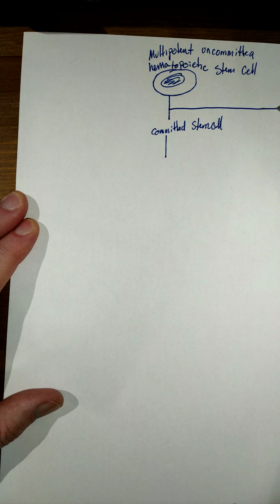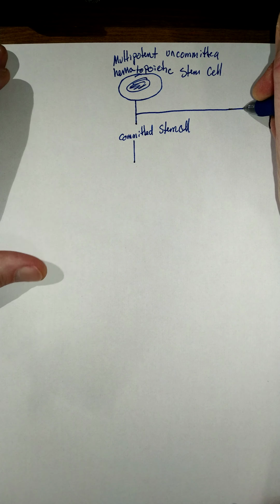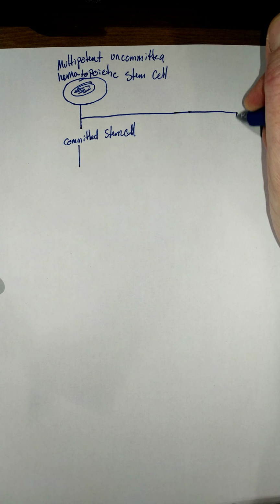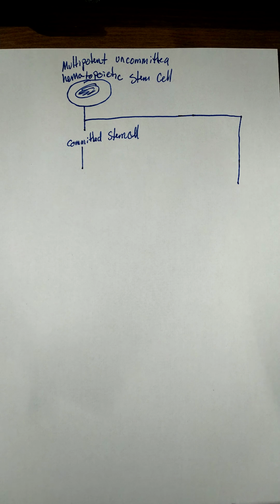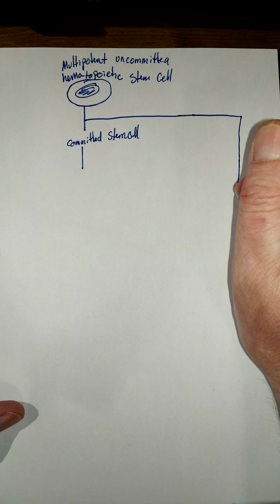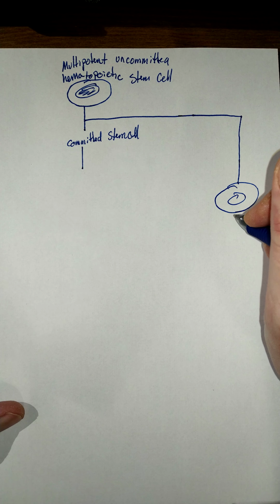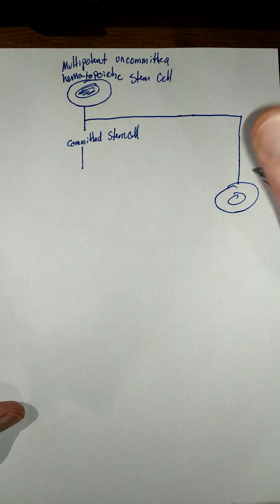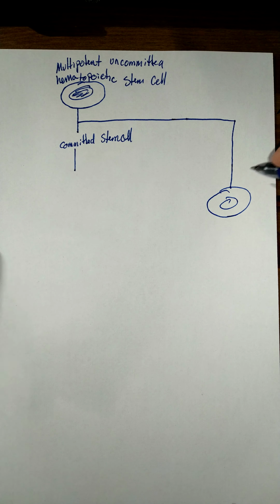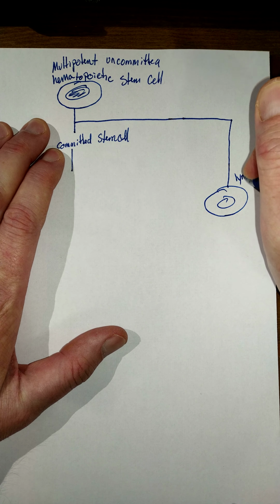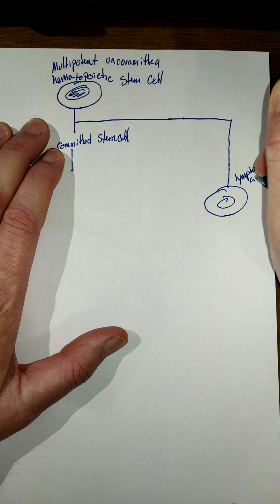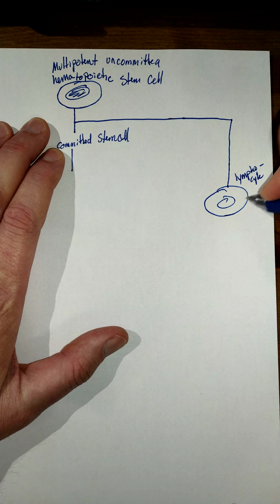Let's start off over here and travel down to this side first. So the stem cell can be committed, and it can come from the bone marrow right here, and then essentially be what we would say is a lymphocyte precursor.